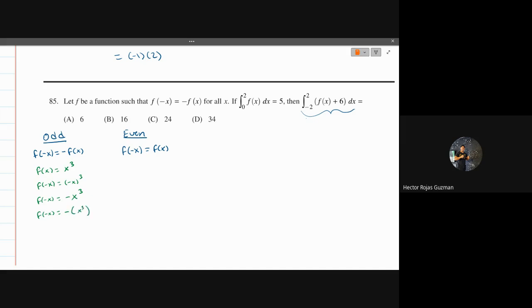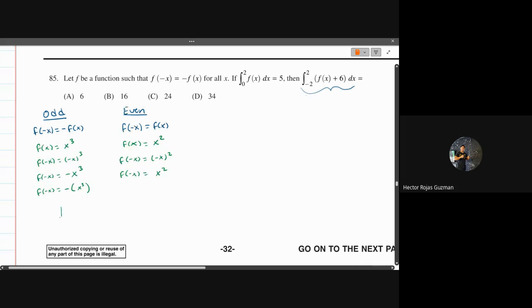That's what makes it odd. But when you deal with evens, one of the easiest even functions is a quadratic. When you plug in a negative, the negative goes away. Look at that. Bam.